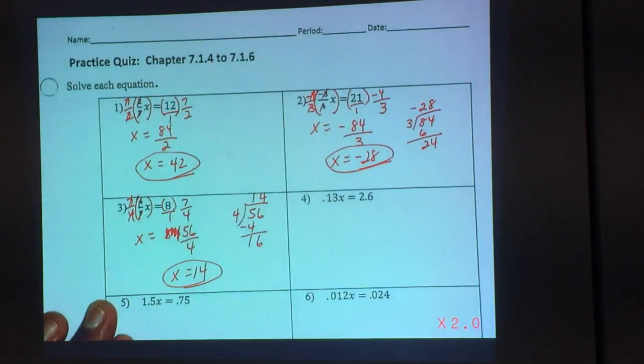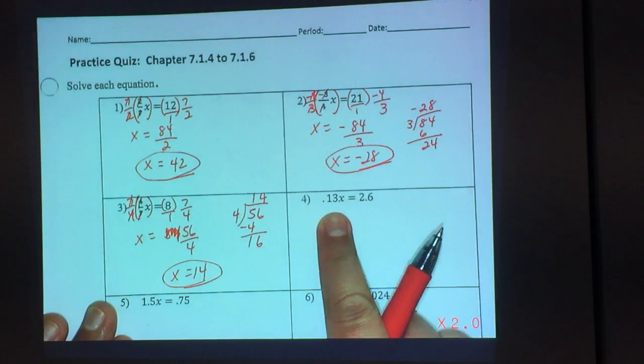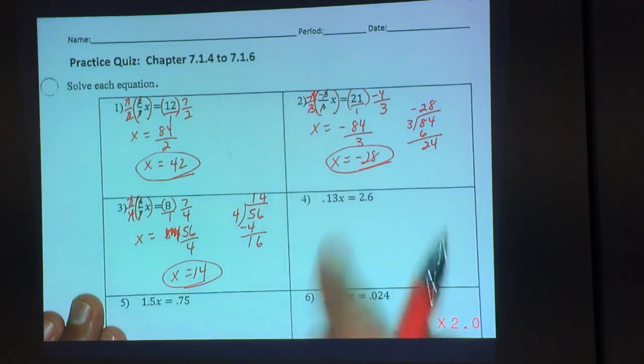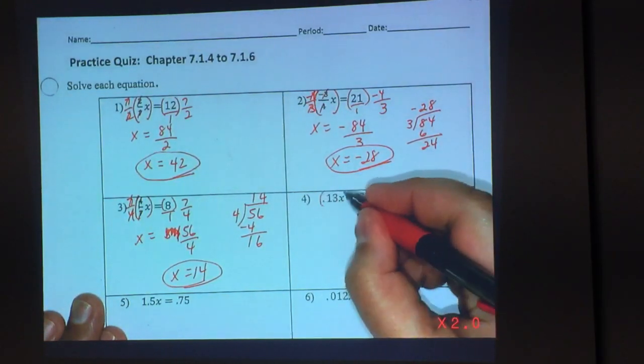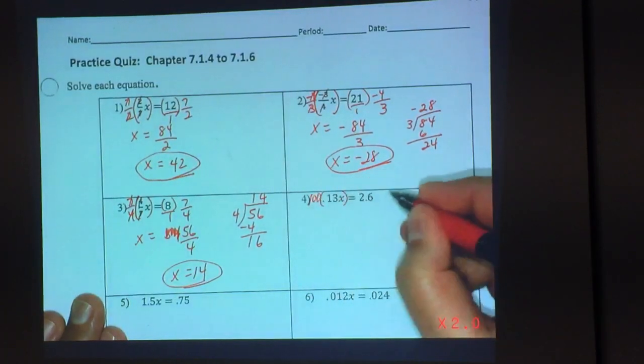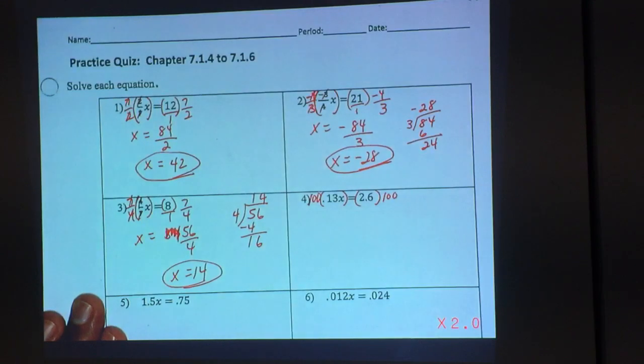Now we're moving the decimal. This is the coefficient on my x. How many decimal places are there on this coefficient? 2. So I need to move it over 2, and the only way I move it over 2 mathematically is to multiply it by 100. I'm going to multiply both sides by 100 so it stays equal.